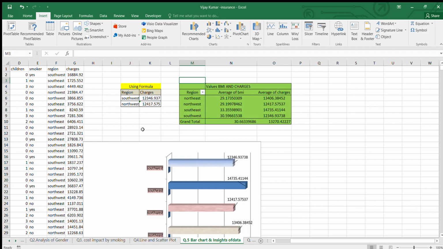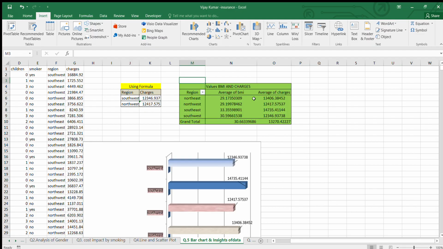This is to determine which region has the highest average medical cost and BMI. Here the southwest region is lower as compared to the northwest region.